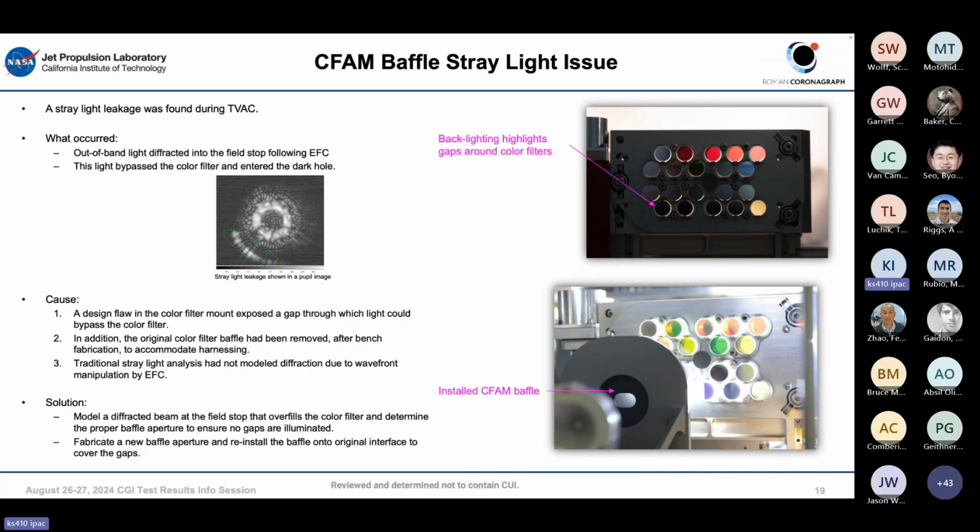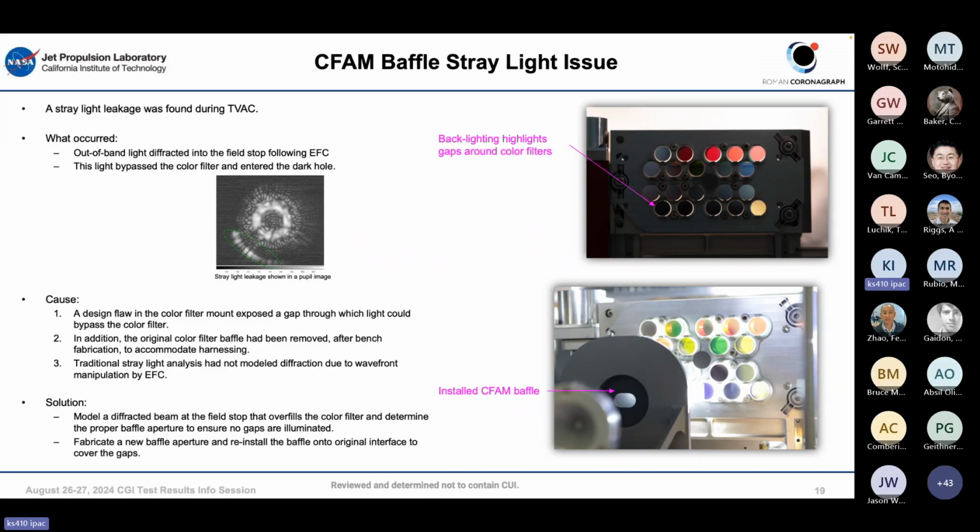So we went back and did additional stray light FRED analysis and found the right-sized baffle. It's a racetrack, so any reflected light goes back through the baffle into a beam dump.